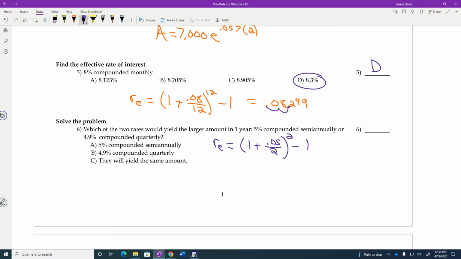And the other one is 4.9% compounded quarterly. So R sub E equals 1 plus 0.049, quarterly is 4, to the 4th power, minus 1. We're just going to compute both of those.